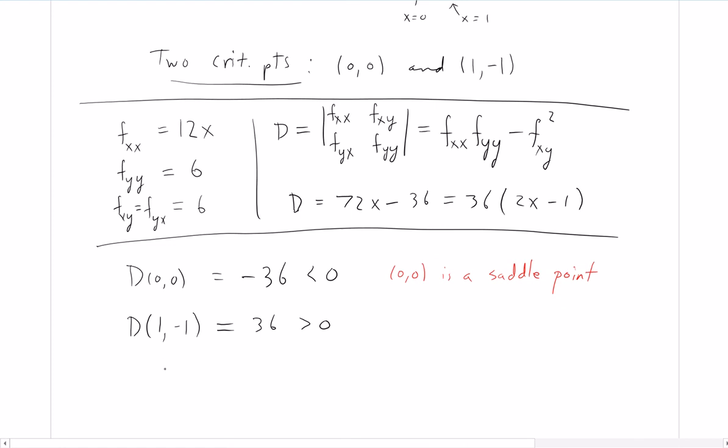So when this happens, we additionally need to check the value of fxx, or sorry, fyy. In this case, fxx was 12x, so this is 12, which is positive. And when this ends up being positive, that means the point is a local minimum.